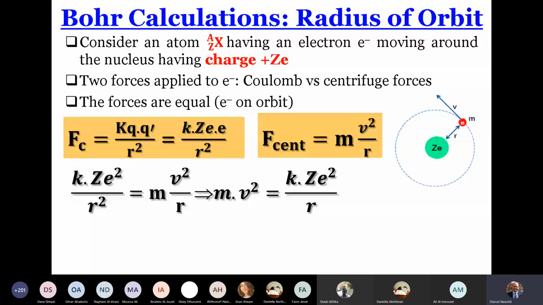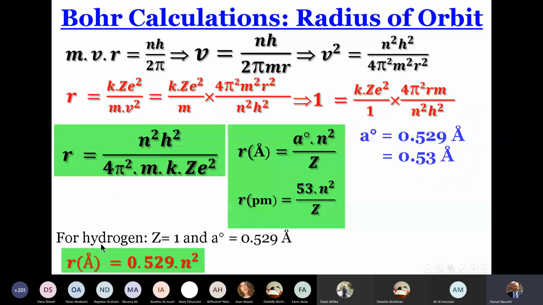Consider our example, which is the hydrogen atom. In hydrogen, Z equals 1 and A0 is a constant equal to 0.53. So R in angstrom, the distance of the electron from the nucleus, is equal to the constant A0 times the number of the orbit square divided by Z, which is the atomic number of the element.